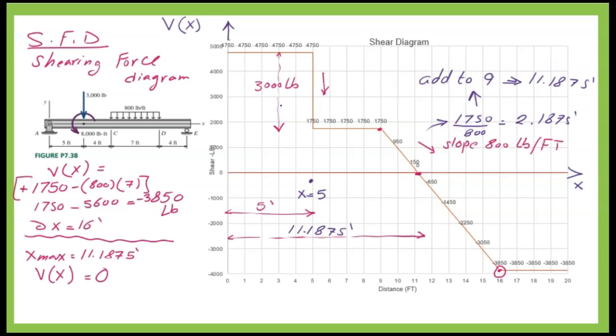This is the value of the shear at x equal to 16. Since the uniformly distributed load does not continue, the same slope will be maintained until the end. At x equal to 20, the value of the shear will be minus 3,850, numerically equal to the reaction at point E.